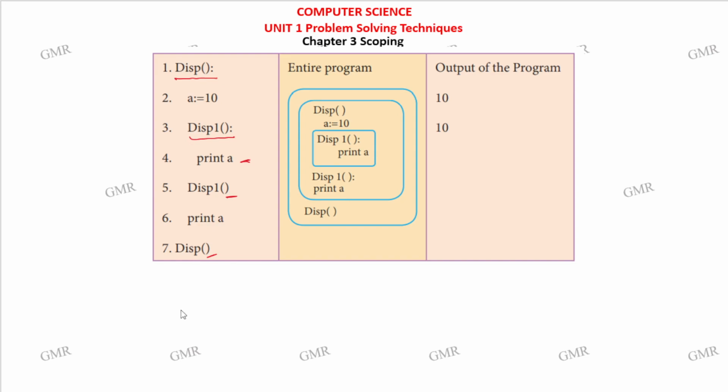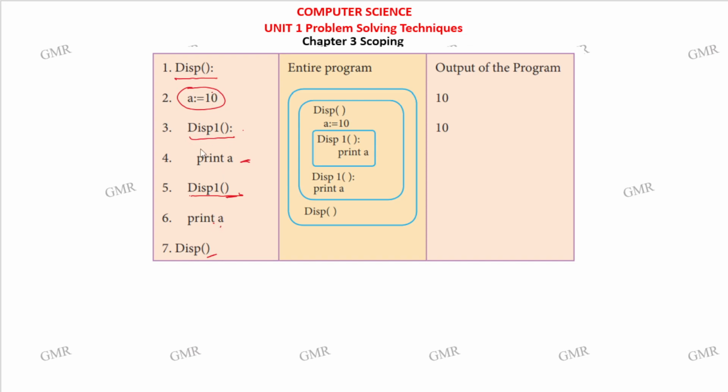Okay. So first we are going to print the display function. It is declared with the value 10. Within the function, we are defining another function, display 1, whose value is 28. The program ends here.